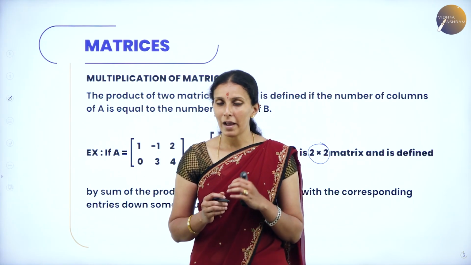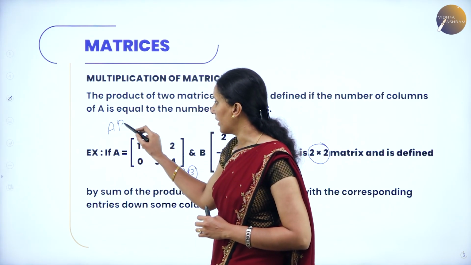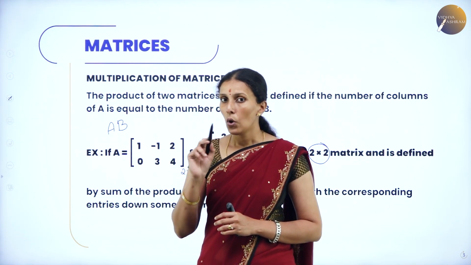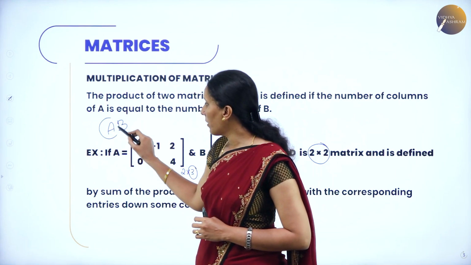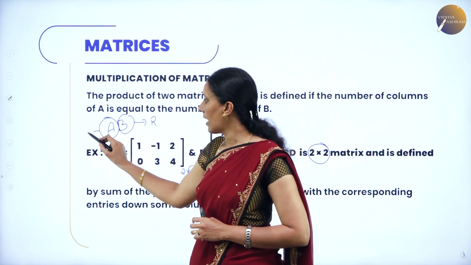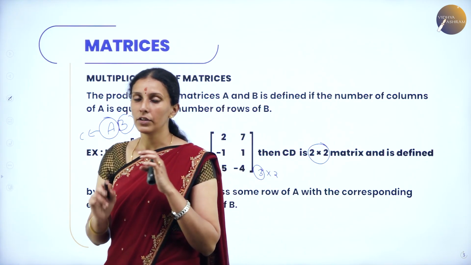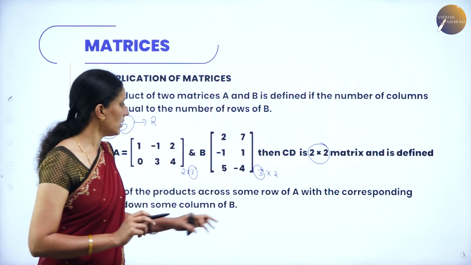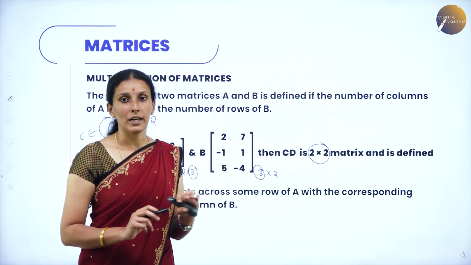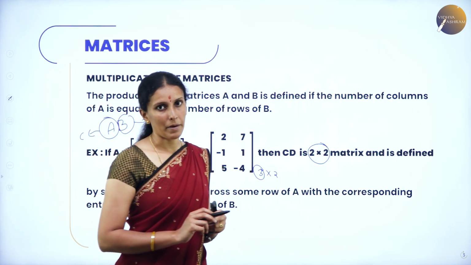So when you have two matrices A and B, the product AB is defined only when the number of columns of A is equal to the number of rows in B. And the resultant matrix will be of the order 2 cross 2, that is M of the first matrix and N of the second matrix.